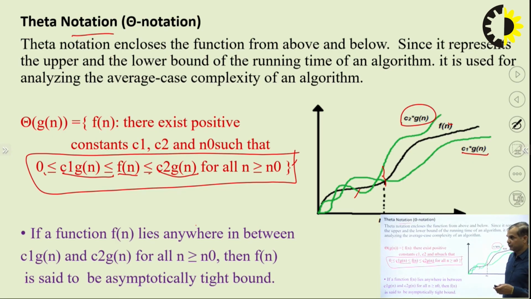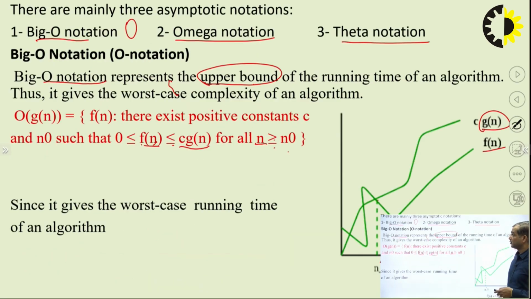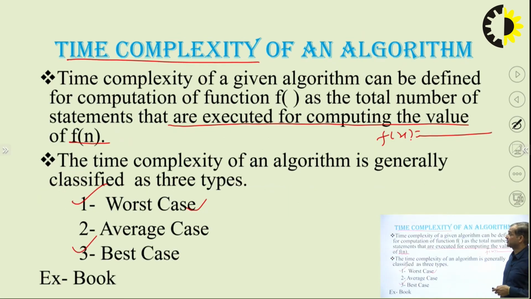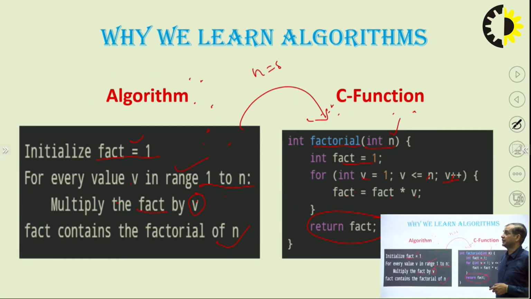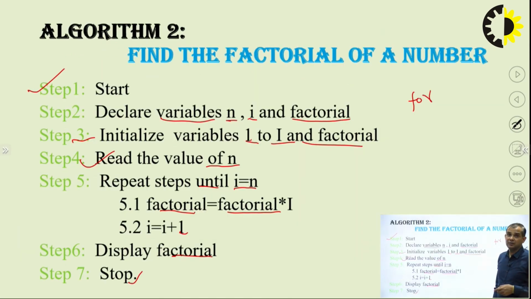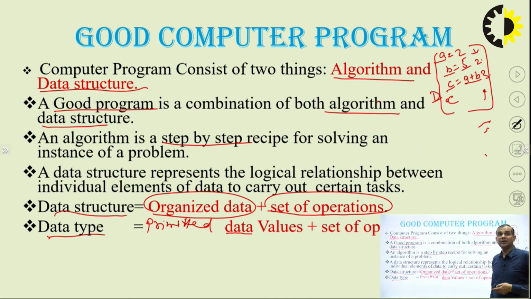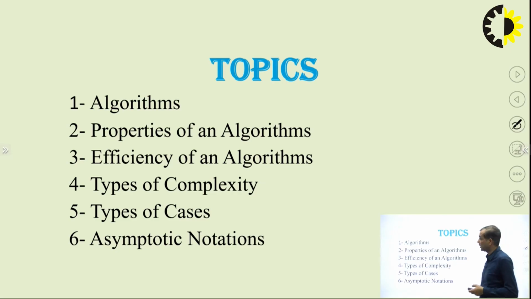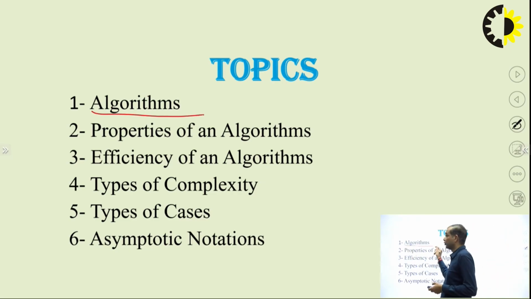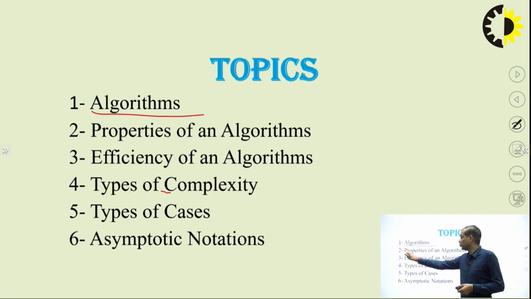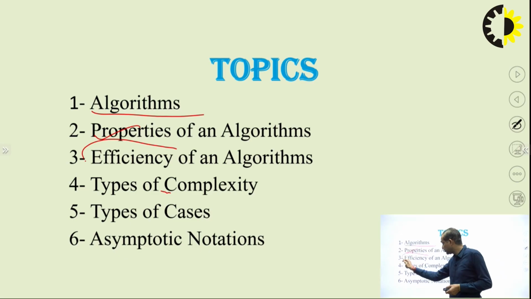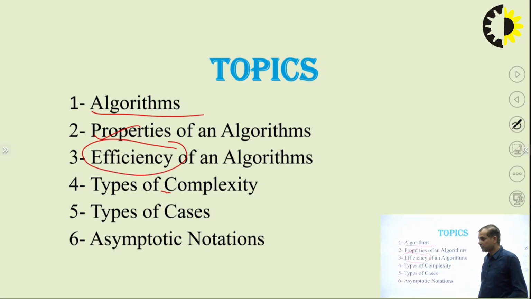Now we have to focus on the main topic here. Without algorithms and data structures we cannot improve our programming. These are the main important topics that we should know at least for programming. We have to know the algorithm: what the algorithms are, what their properties are, and how we can check the efficiency of an algorithm.